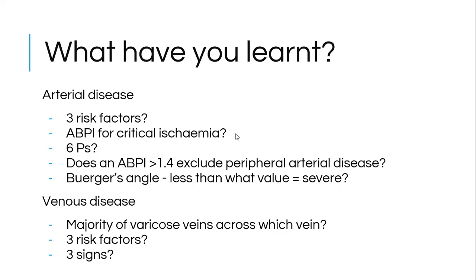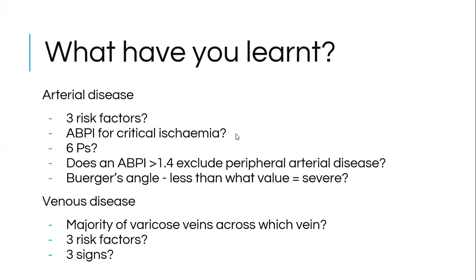Okay, venous disease. The majority of varicose veins occur across which vein? Bit of a mean question because it's one of 2. Yeah, but which one? So 90% is in the long saphenous, really good.